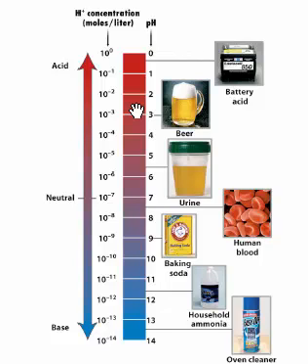So it sounds much more dramatic if I tell you that the concentration of hydrogen ions in your stomach is 100,000 times greater than in your mouth, than saying the pH of the stomach is 2 and the pH of the mouth is 7. So again, small changes in hydrogen ion concentration can have big changes on the actual pH value.